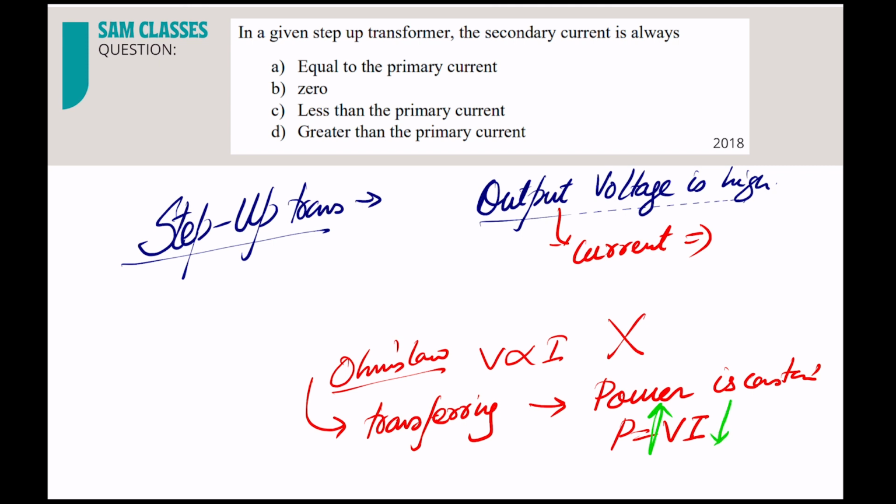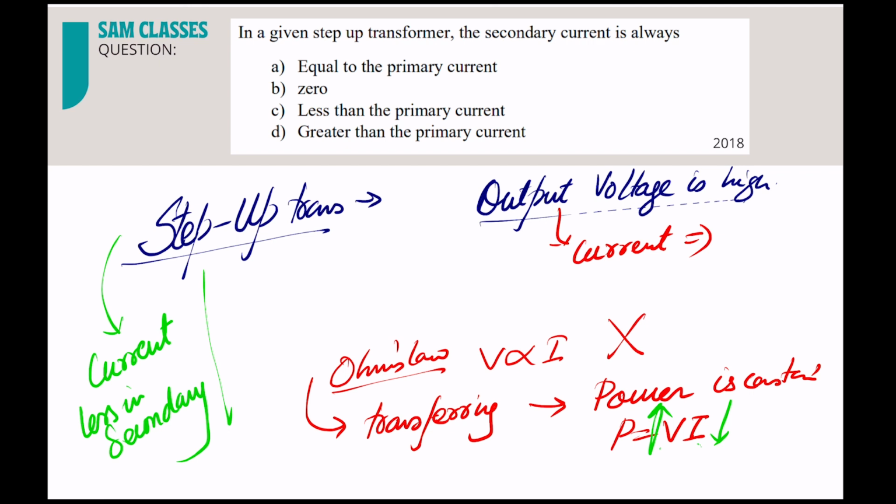So here we try that the power remains the same while sending and receiving, in the transformer case. So that's why if voltage is high, the current has to be less. And if the current is less, what about the magnetic field? So current and magnetic field is less in the secondary winding. So see, they can ask about current, which is less in secondary.